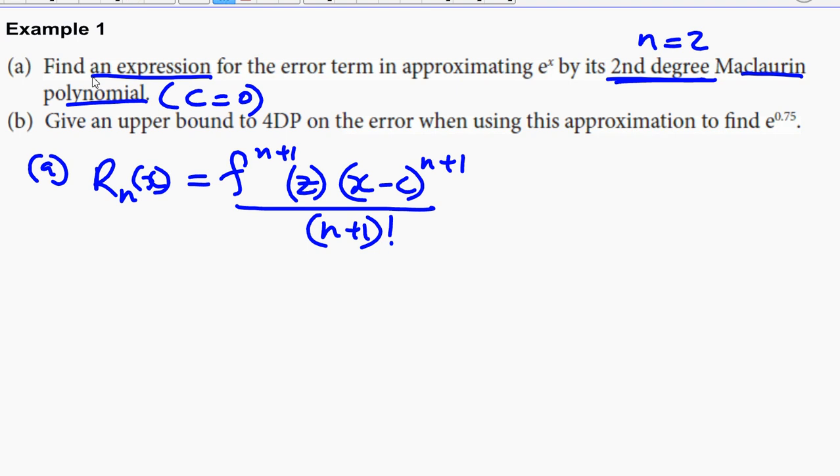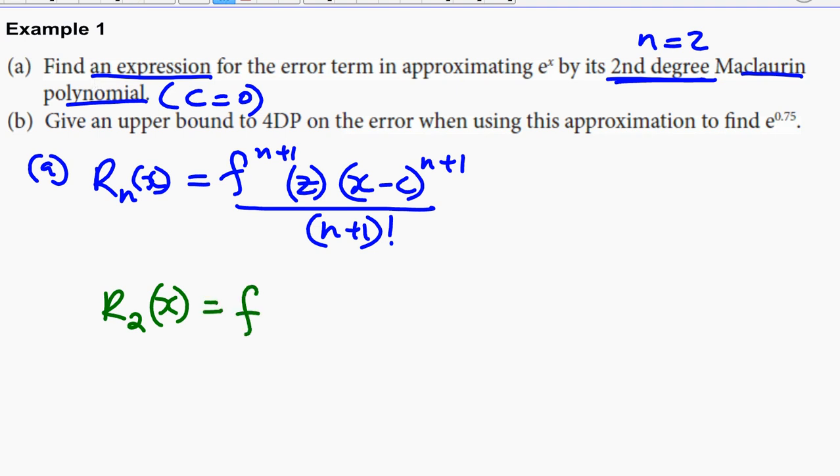Actually, before I write that down, let me just write this formula. So this will be R2(x), because n is 2, all right, because this is an expression. We're not finding a specific error.